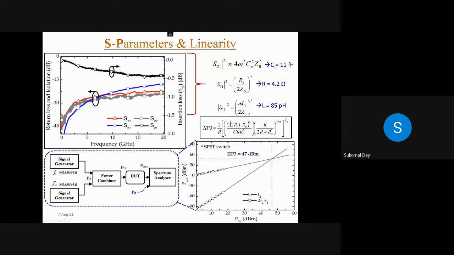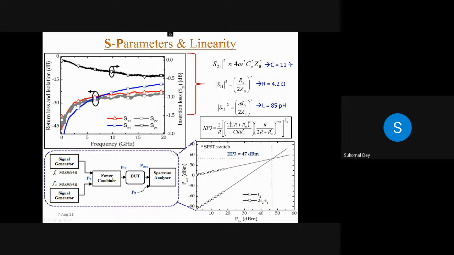Once you get the R, L and C values, you can quickly cross check in any circuit simulator whether the graph fits your measured data. That can be checked very nicely through these equations. Now, as I said, this is the way that you can check the linearity.